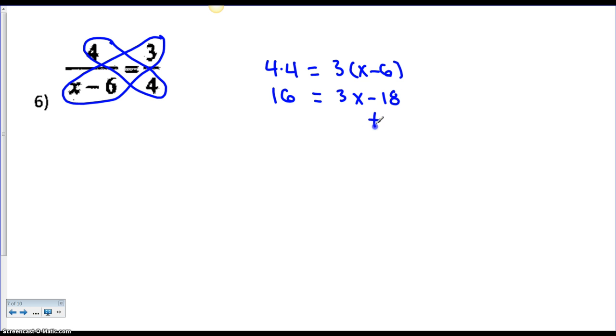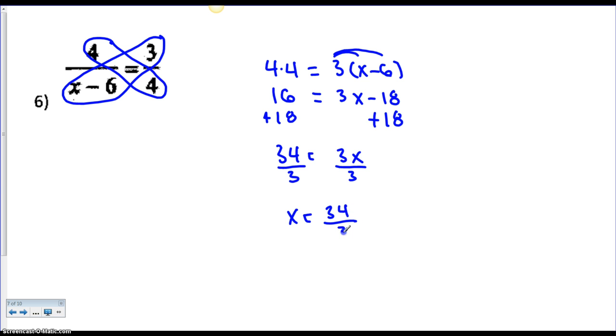And then we're just going to solve this equation. Remember, I had to distribute the 3 to both terms. So I got 34 to equal 3x. You get x to be 34 over 3.